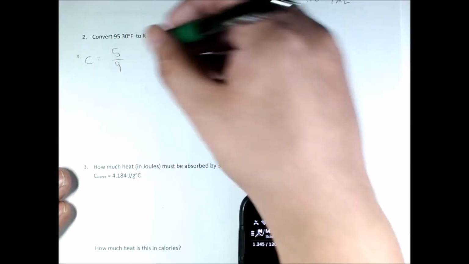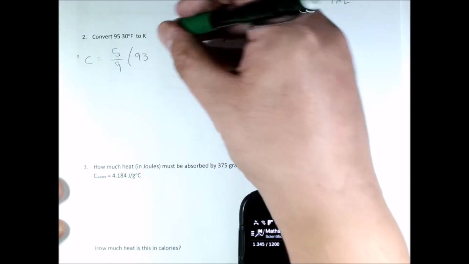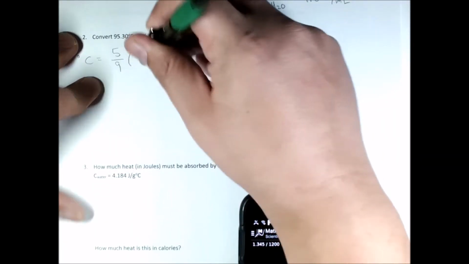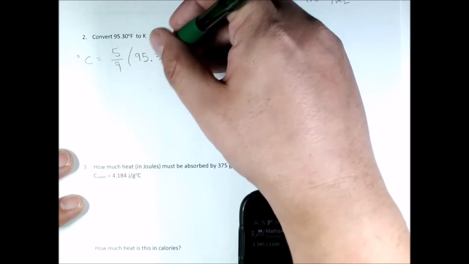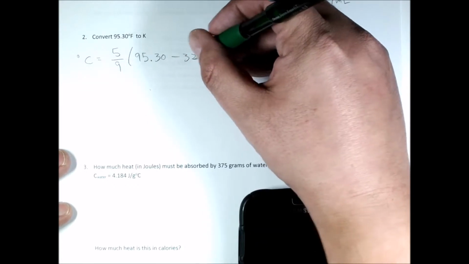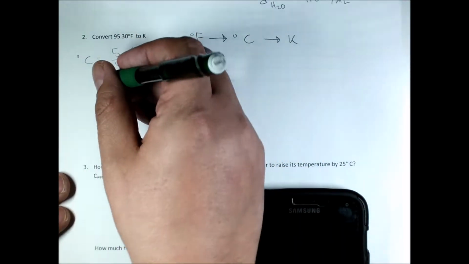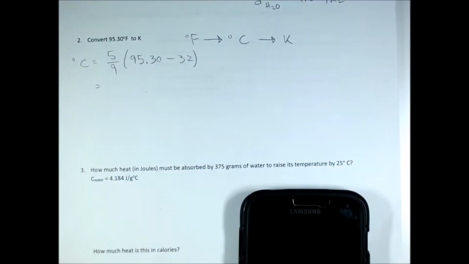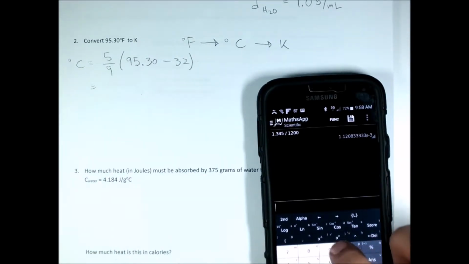So 5 over 9. And then we have to subtract the offset first. It should be 95. And then we minus 32. All right, so when doing this, be careful of your order of operations. I'm just going to go ahead and do it stepwise so it's really clear about what's happening.